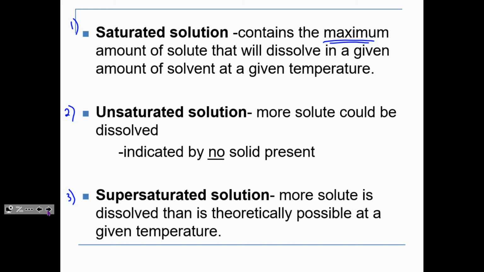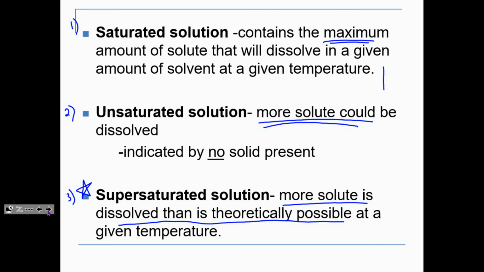Unsaturated solution means that we have more solute that could be dissolved. It's indicated by no solid present. A supersaturated solution is when we have more solute dissolved than theoretically possible. So this is usually the hardest one for us to understand.